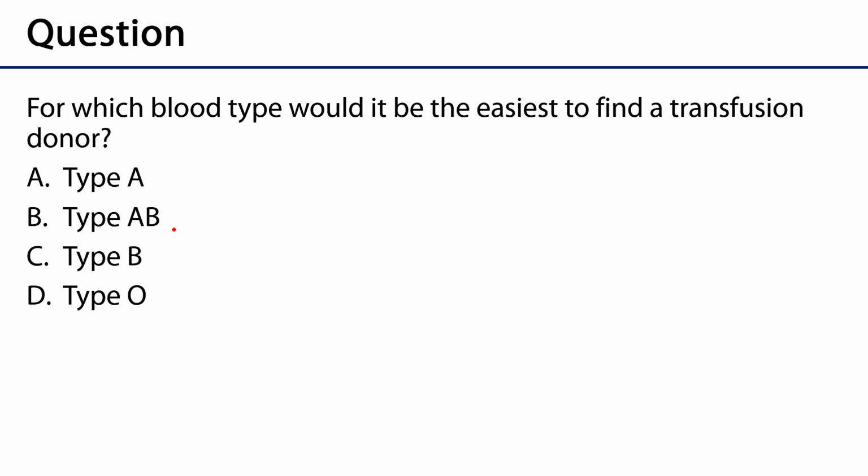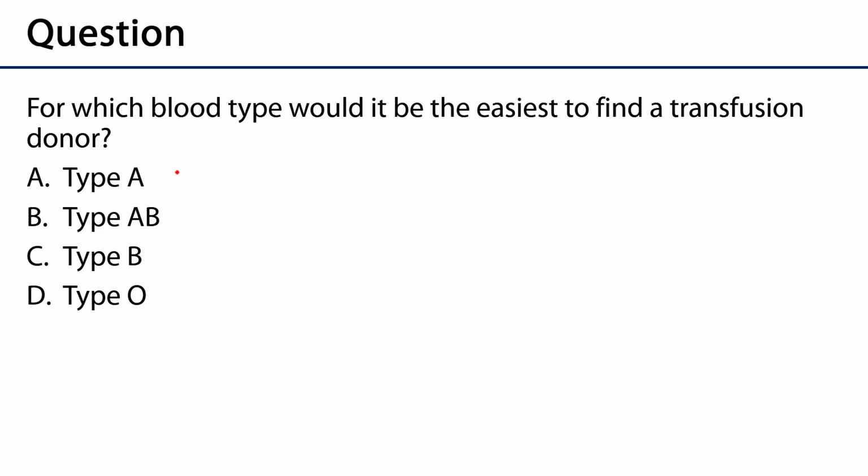Now, a question for you to assess, if you've been paying attention along the way. For which blood type would it be the easiest to find a transfusion donor? Would that be type A, type AB, type B, or type O? Well, let's think about this.